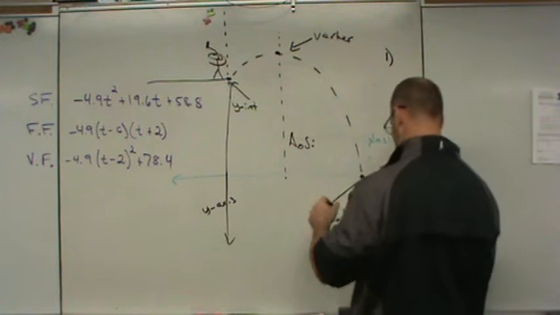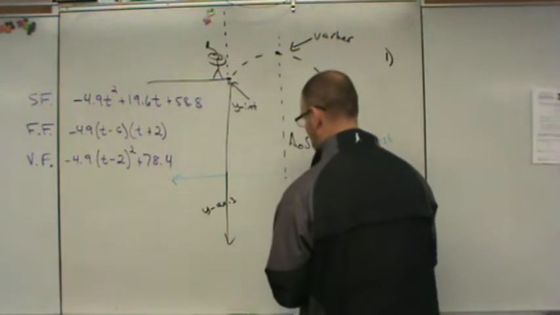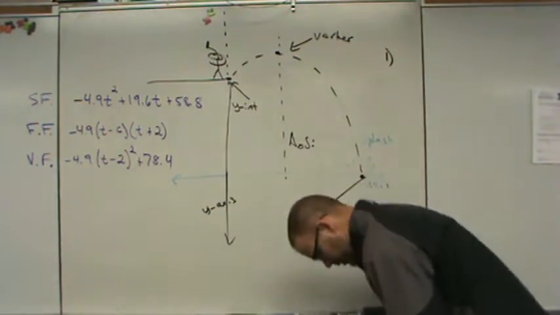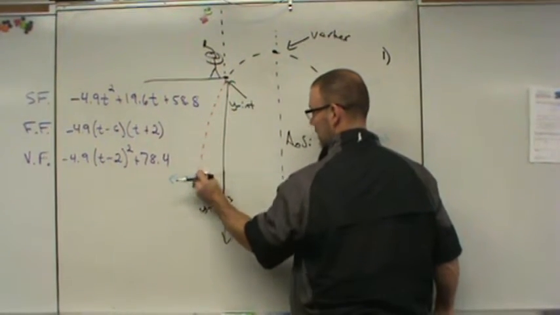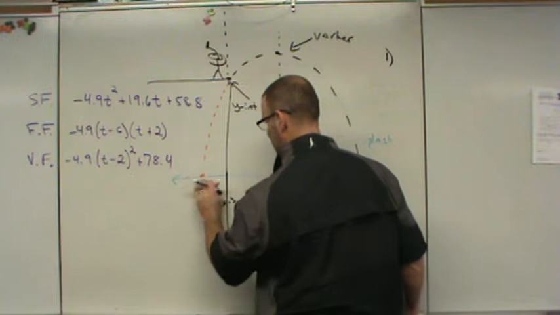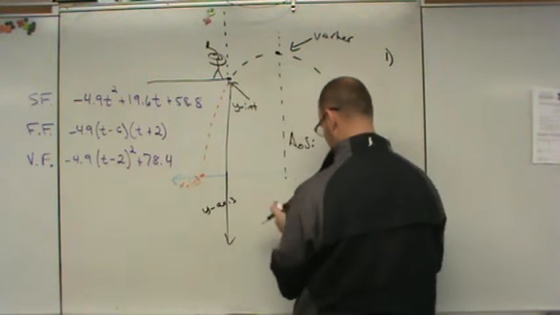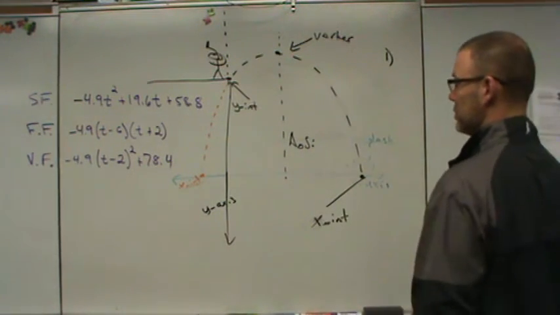And since it's a parabola, we have two x-intercepts. Well, I don't see the other one. We don't see the other one, but it exists, and it exists over here. It's just hidden. So we'll call that the other x-intercept.